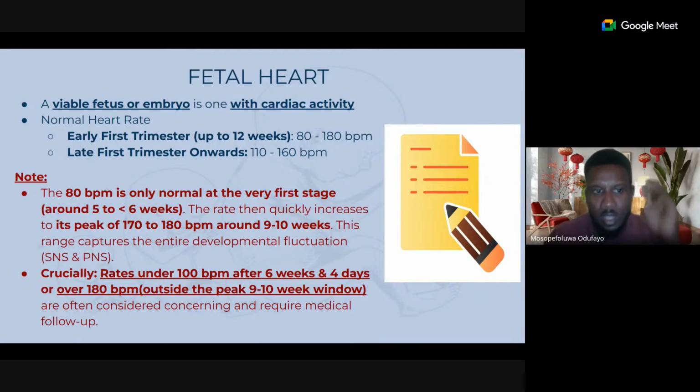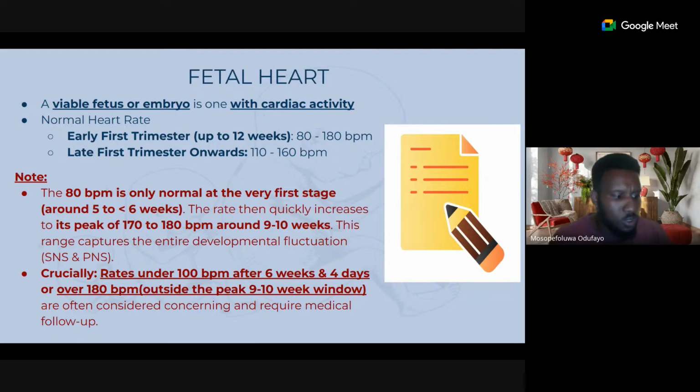I didn't say pathological, concerning, and it will require medical follow-up. I said concerning because it could just still be that overdrive or fluctuations that we're talking about, or it could be something else in the background.